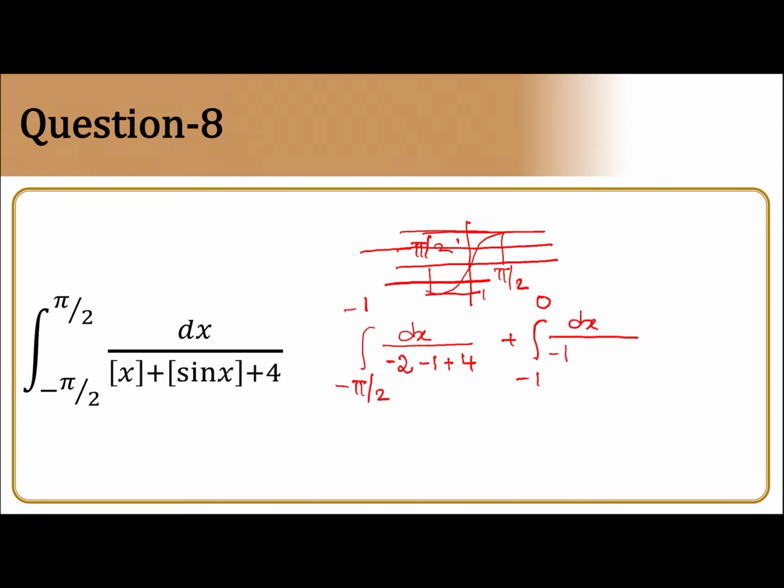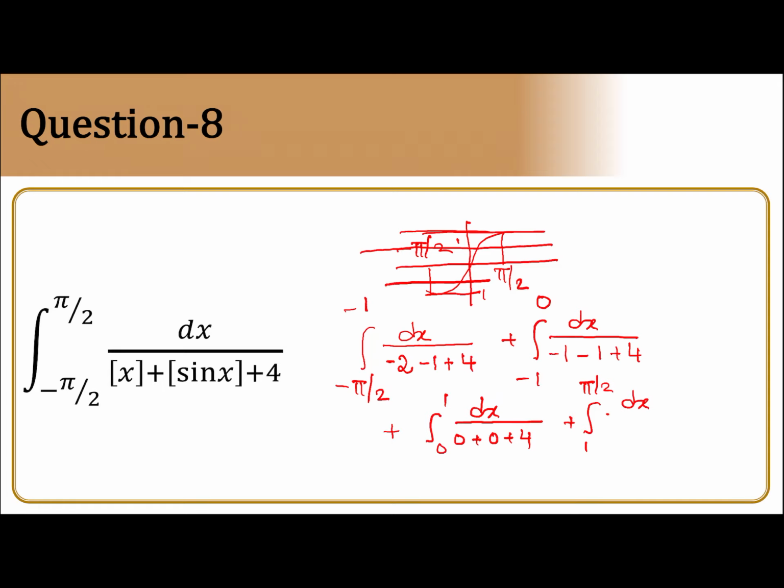Greatest integer will give you minus 1. This will be as it is, minus 1 plus 4. You see the graph of it. Next, plus 0 to 1 dx. Obviously from 0 to 1, what happens? This value is also 0, this value is also 0. This is 4. Plus 1 to pi by 2.